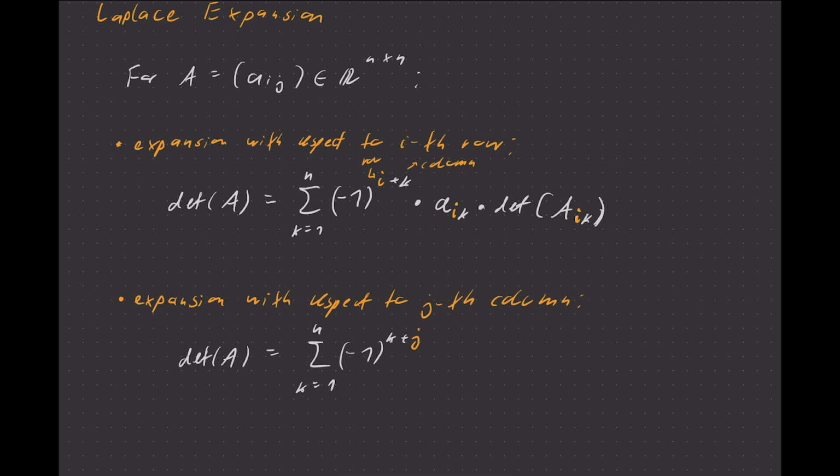So in the original formula, that j was 1. That was where this k plus 1 came from. Times the entry in that position, so that is kth row, jth column, times again the corresponding cofactor, that is A_kj. So you delete the column and the row of that entry and take the determinant of the resulting smaller matrix.